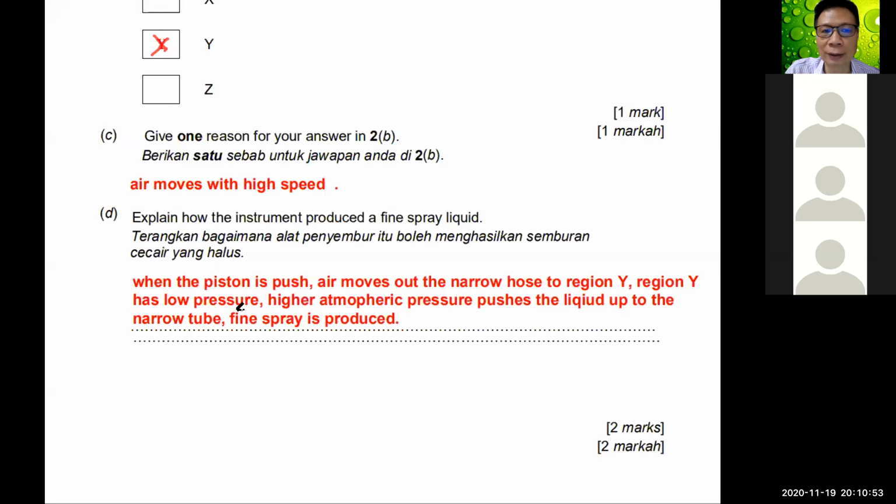Okay, so this is the answer. Come, jot down the answer. If your answer is more or less like this, you don't need to copy. Okay, finish, everyone?